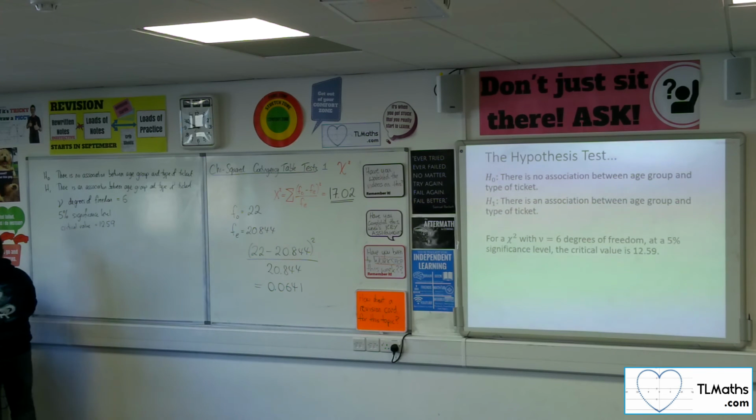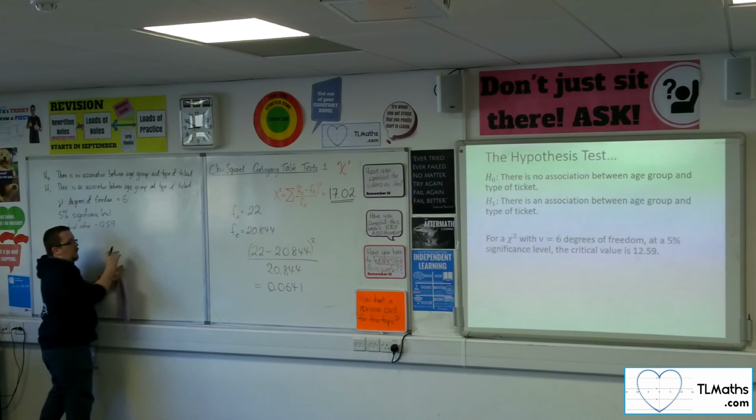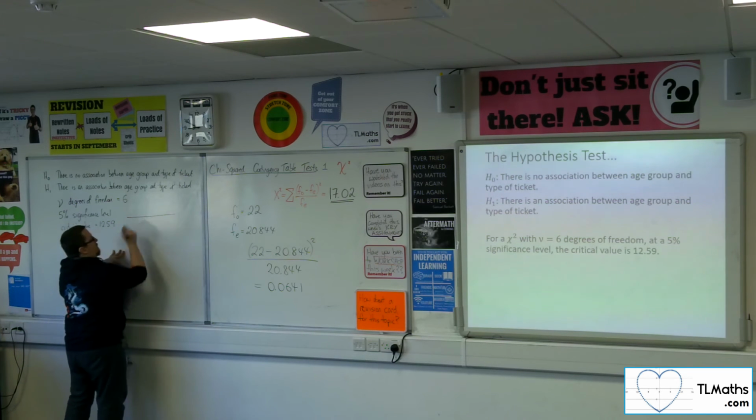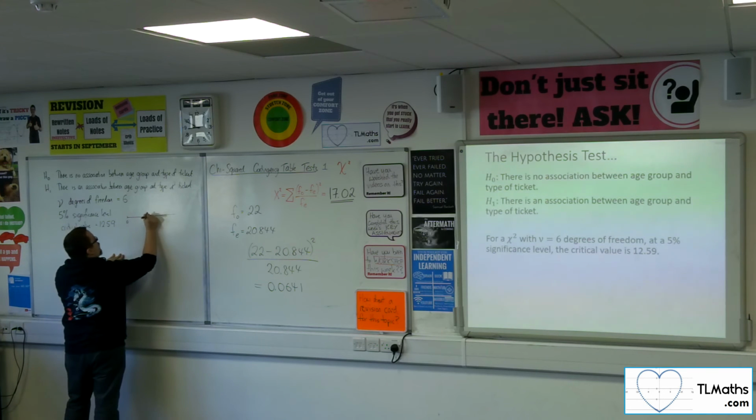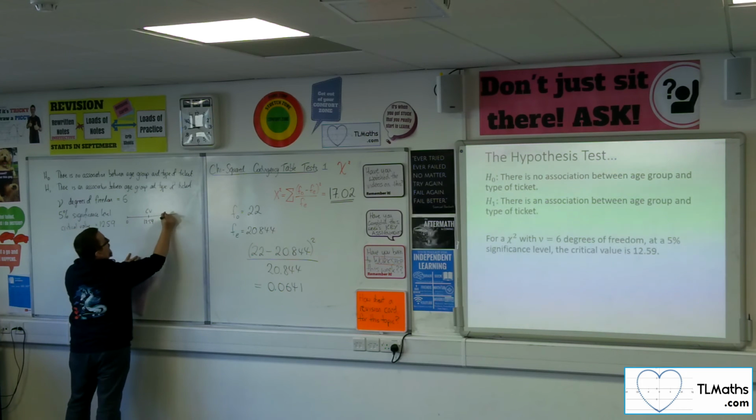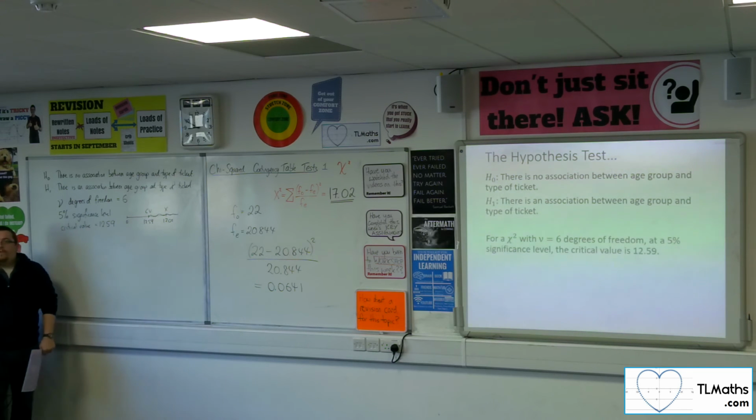So what we then say is, effectively on your number line, you've got a critical value of 12.59, and we've got a test statistic of 17.02. So that is within the critical region. It is beyond the 12.59.